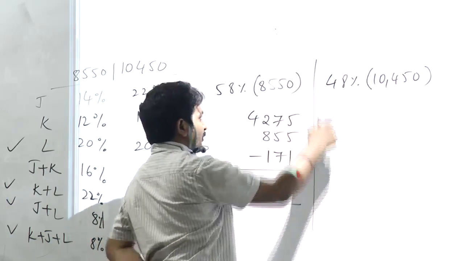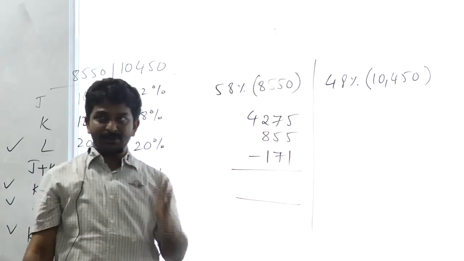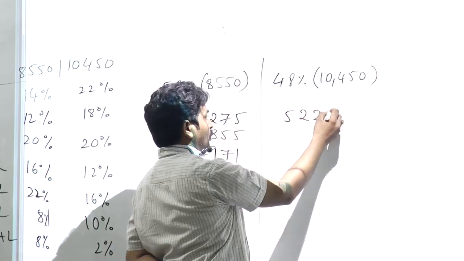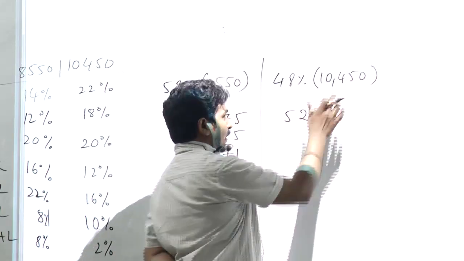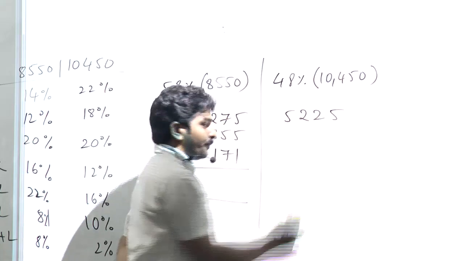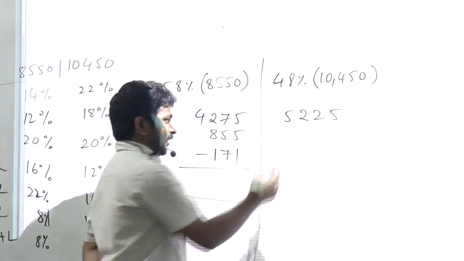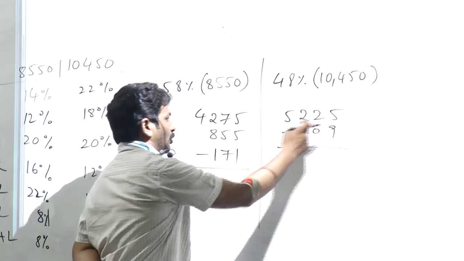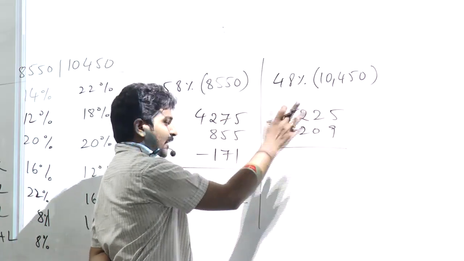And then this one, 48%. 50% minus 2%. 50%, half of this number, is 5,225, minus 2%. What about 1% of this number? 104.5. 2%, 209. So from this you need to subtract 209. 225 minus 209. 200, 200 cancel.